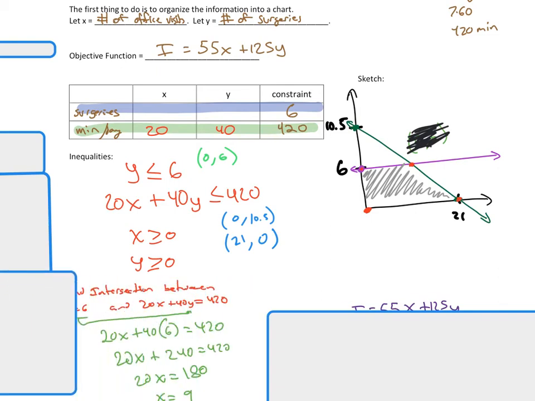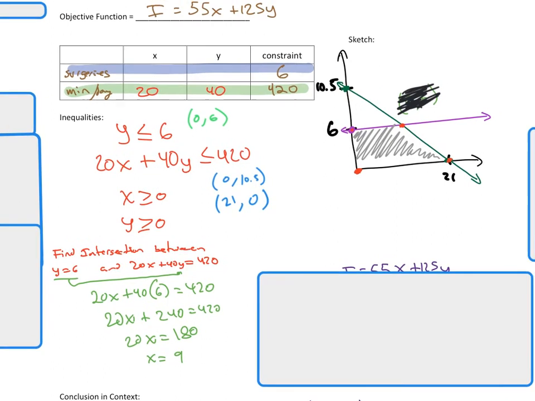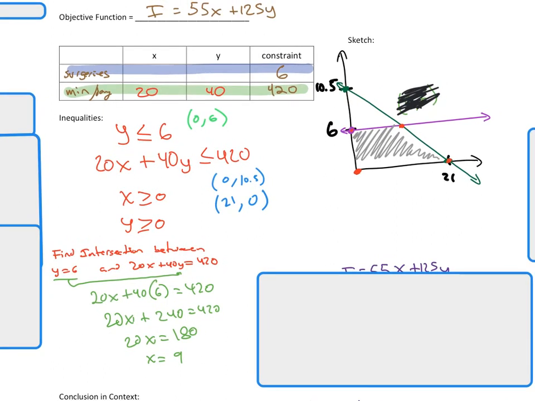Since I'm just finding the intersection points, we can use equals. You can also solve it on a calculator. This one's easy substitution because we already know y is 6. So you just plug 6 in, you end up with x equals 9. So now we can get that point back. Okay, so we have our 4 corner points.